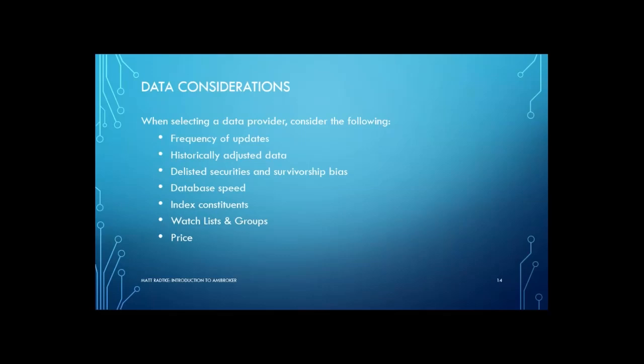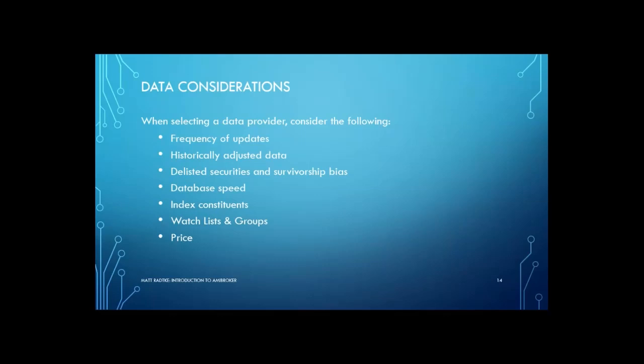Another thing to consider is database speed. You will find that anything that's in a local AmiBroker database, meaning it's in files sitting on your hard drive controlled by AmiBroker, is very fast. Data from some other providers, for example, you can use Metastock data within AmiBroker, but something that's in a Metastock database can't be accessed quite as fast as a native AmiBroker database.